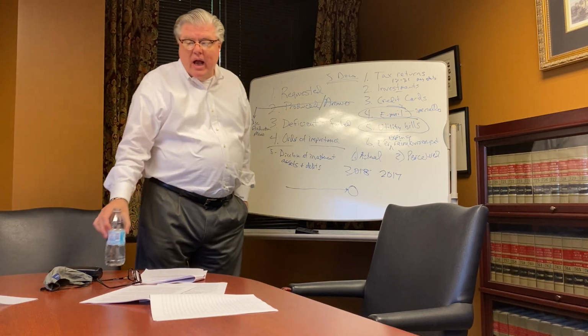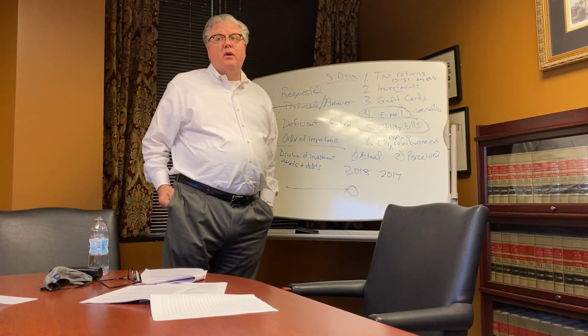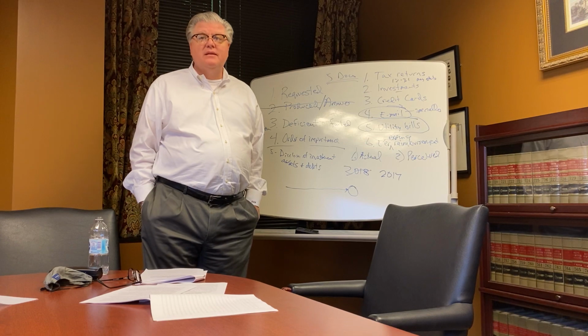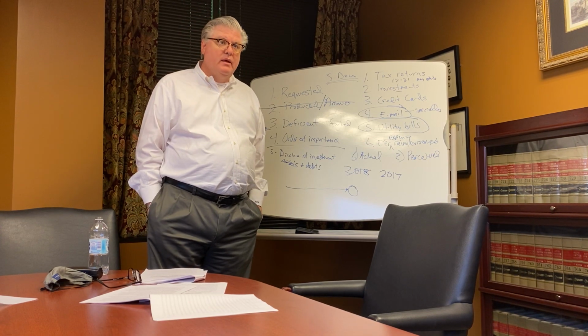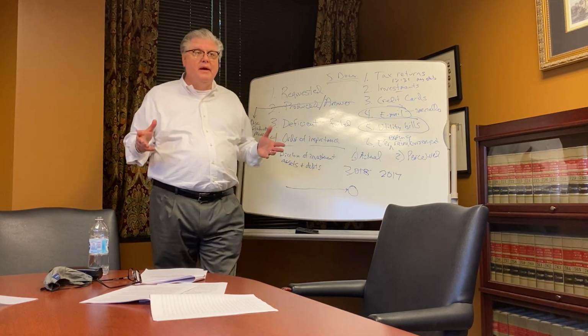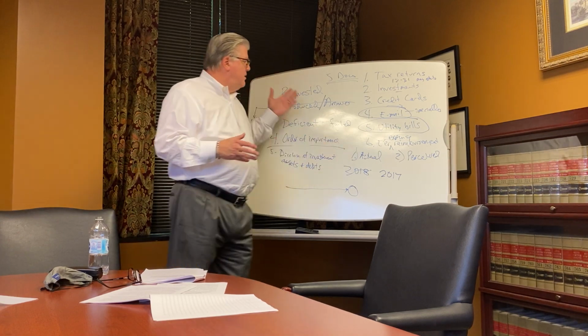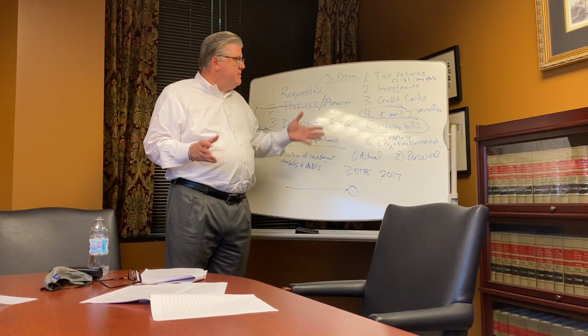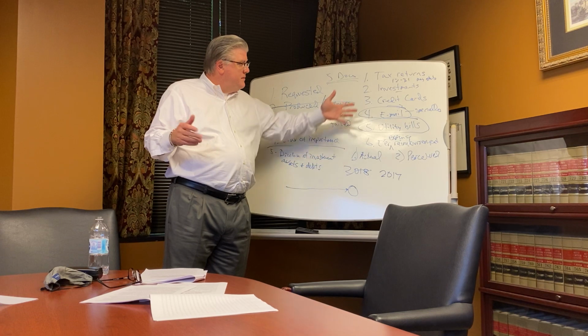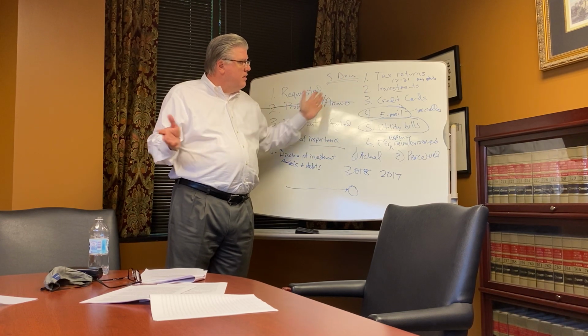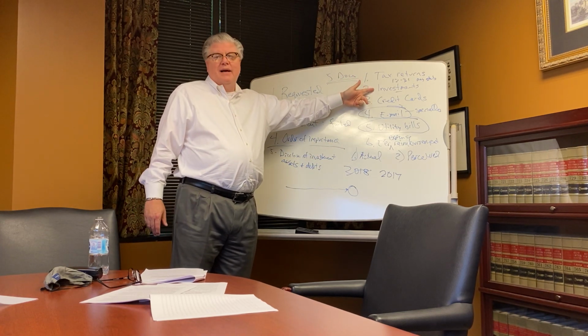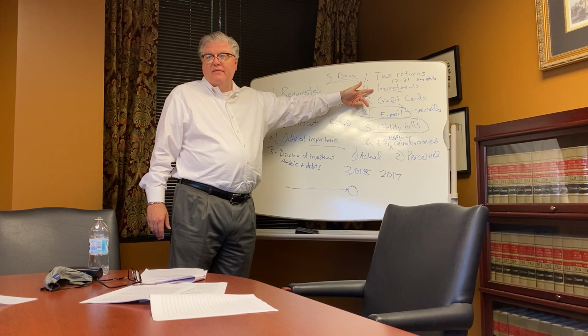Now, I would worry about this: we don't want to nitpick beyond the size of the estate either. If we've got an estate under $100,000, our discovery deficiency may be limited. Just tax returns, investment, credit cards. It could include cash and savings, checking and savings with that.